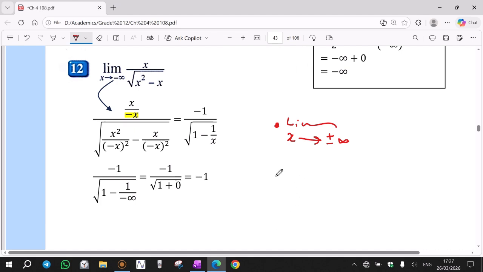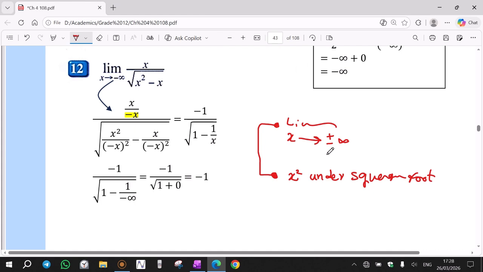Condition number 2: there is x power 2 under a square root. Whenever you see these two conditions together in any limit question, L'Hopital fails. It doesn't mean that the limit does not exist. The limit might exist, depending on the simplification, but we cannot use L'Hopital.